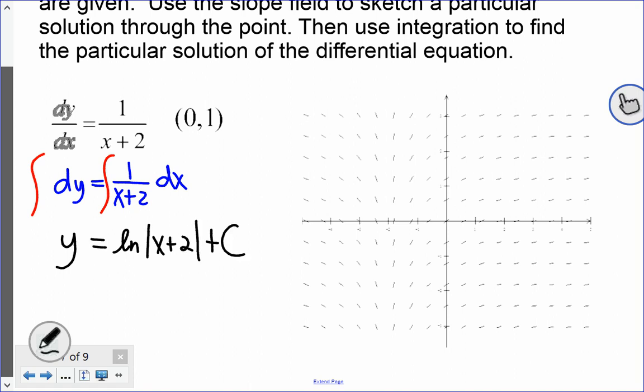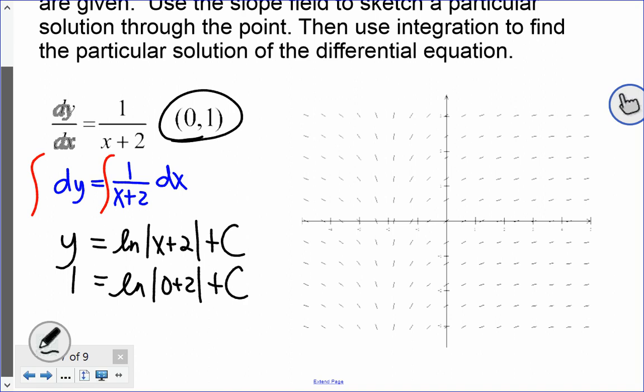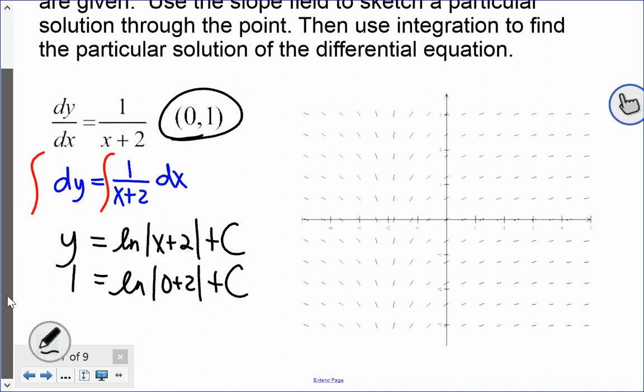So when x is 0, we expect y to equal 1. So we have ln of 0 plus 2, plus C equals 1. So therefore, C is going to equal 1 minus ln of 2. And that's just what we end up with for the constant.